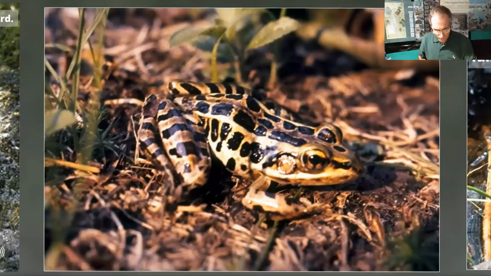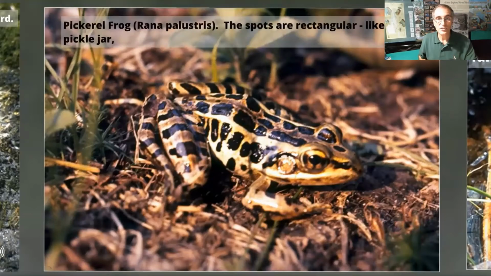Here's the pickerel frog. Sounds like it's snoring. There aren't spots, but they're little pickle jar shaped rectangles. They also have yellow thighs. They use them in experiments when you go to a high school, you have to dissect the frog. They'll probably use those.